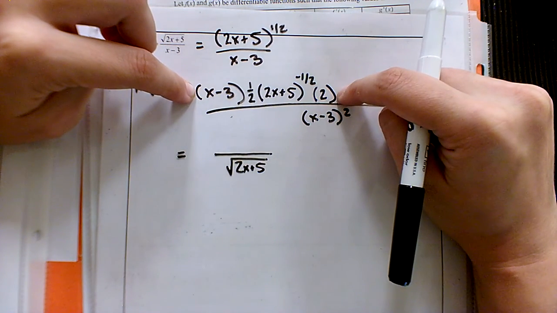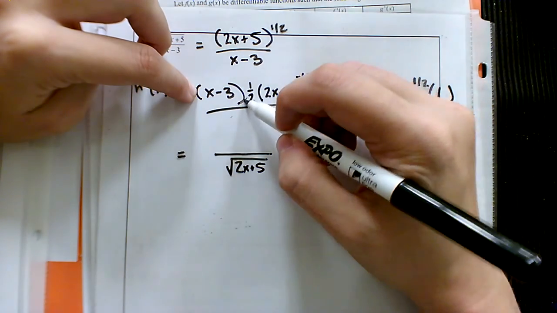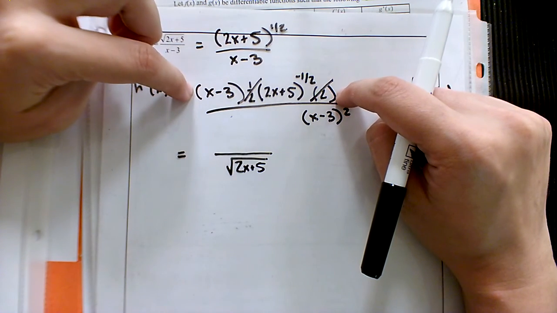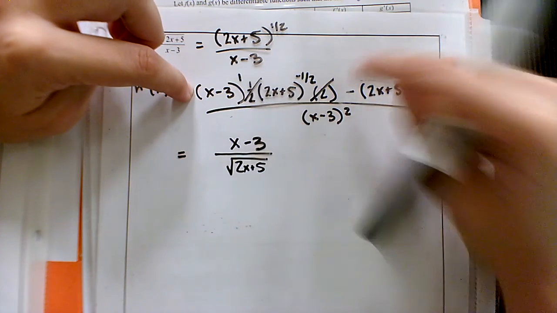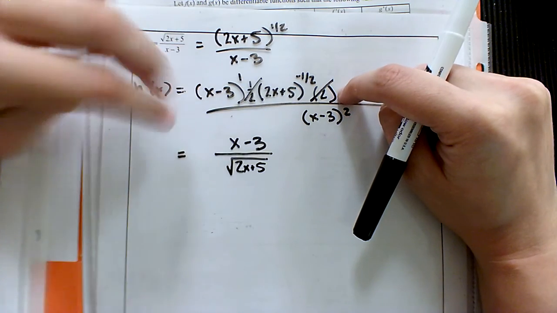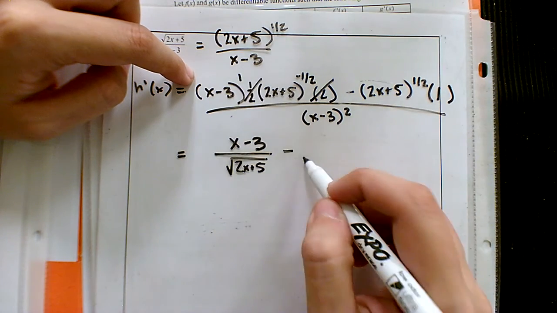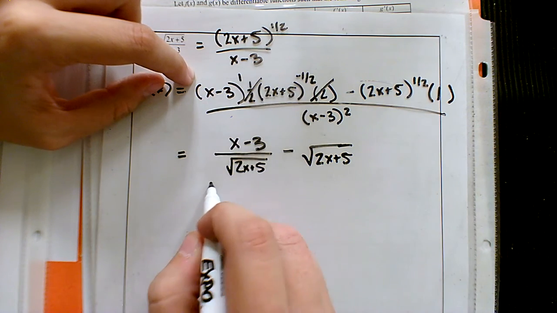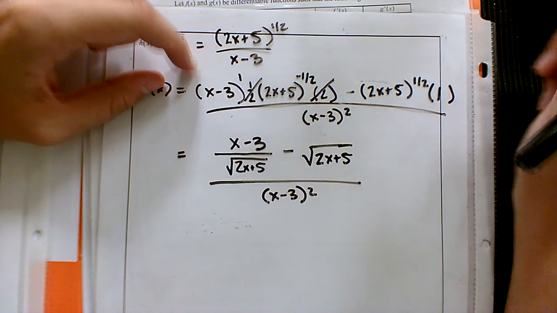So the question is, where are the other terms going? Top, bottom. 2 and 1/2 cancel each other. Okay, so if you actually do 2 and 1/2, those go away. So where does the 3 minus x, or x minus 3, go? On top. It's a power of 1, so it's going to stay up top. Okay? So this first part can change into this fraction. We then can subtract the next term, which would be another square root. And this is still all over x minus 3 squared.